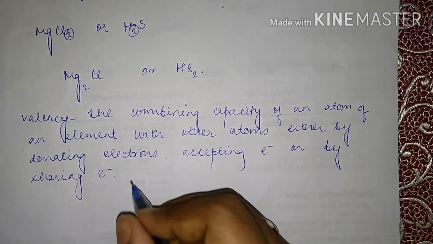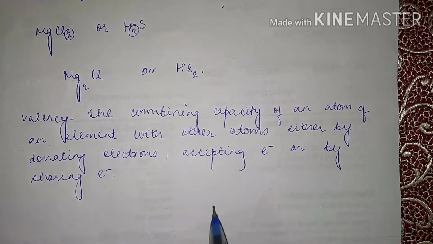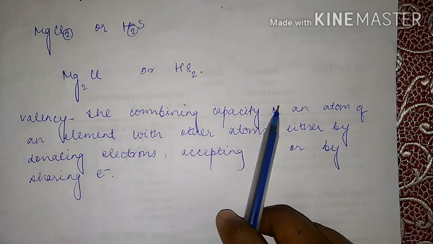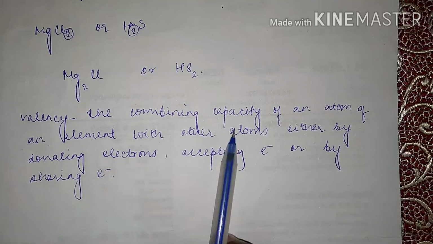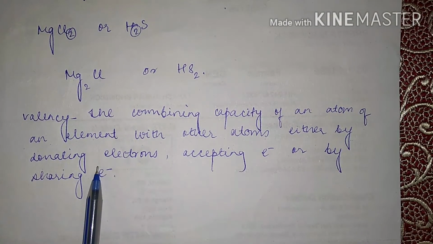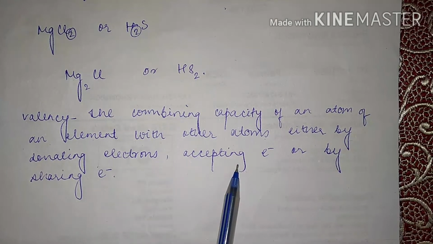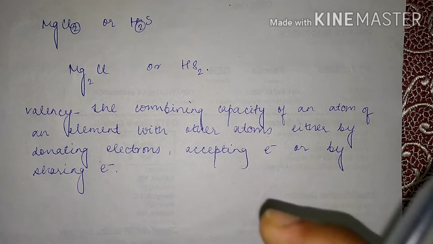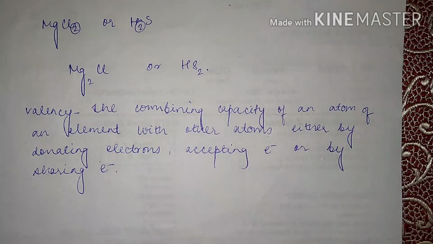Okay, this thing is called the valency of the particular element. What is it? The combining capacity of an atom of an element with other atoms either by donating electrons completely or by accepting electrons or by sharing electrons. This concept is called the valency of the particular atom of an element.